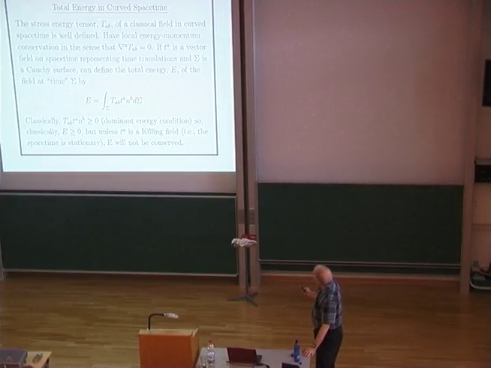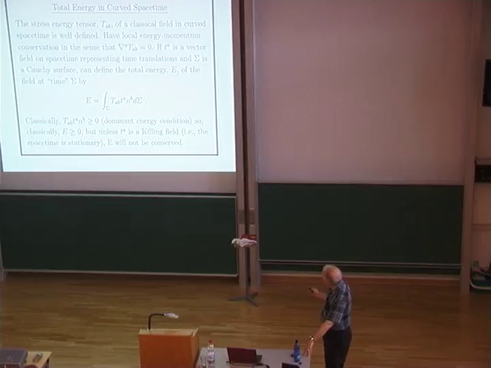So first of all, in classical field theory, one has a stress energy tensor. One has conservation of the stress energy tensor, but what's interesting in general relativity is that this local conservation of stress energy, expressed in this manner, doesn't lead to a global conservation of energy unless you have a time translation symmetry.